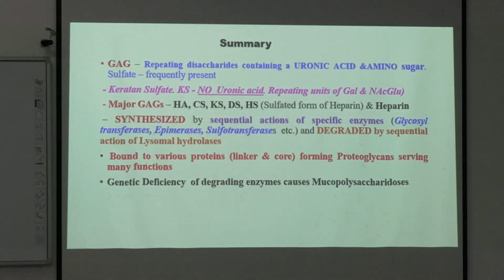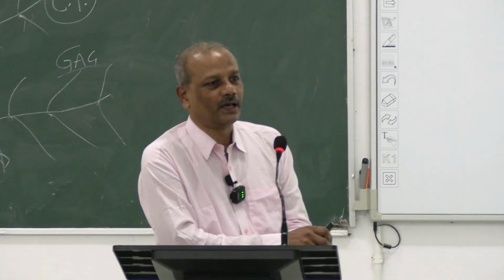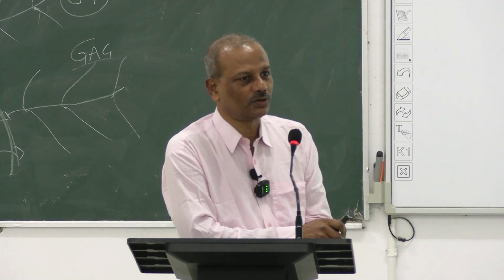So, summary, as I told you, I am closing. It is a repeating disaccharide unit. Remember, I have told this thing ten times. It contains uronic acid and amino sugar, with the exceptional property of hyaluronic acid, as I told, that it does not contain sulfate, and keratan sulfate does not contain uronic acid.